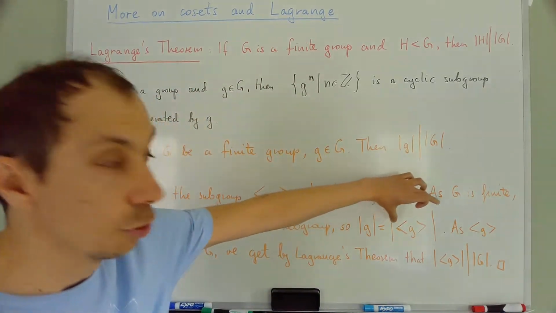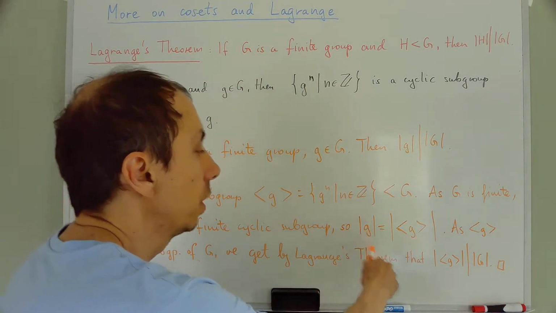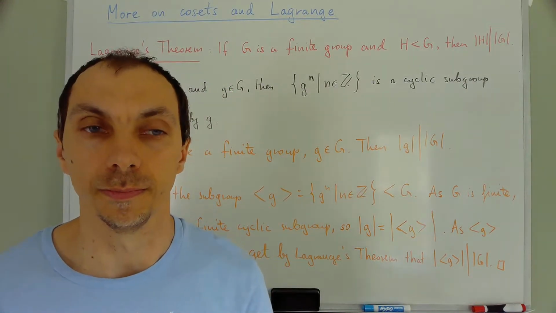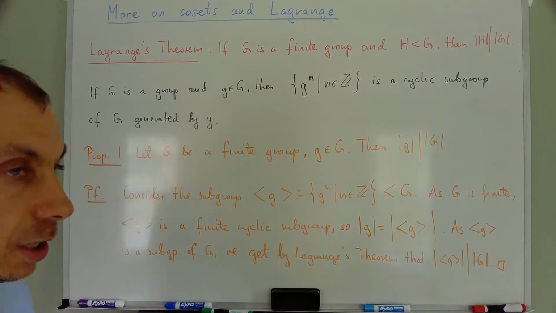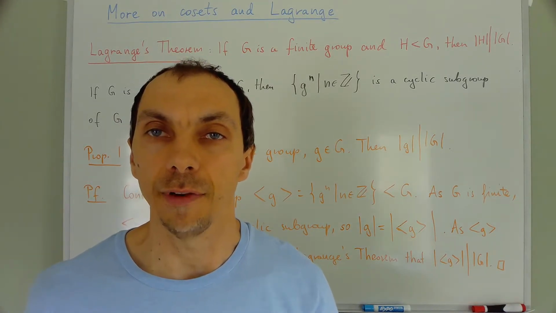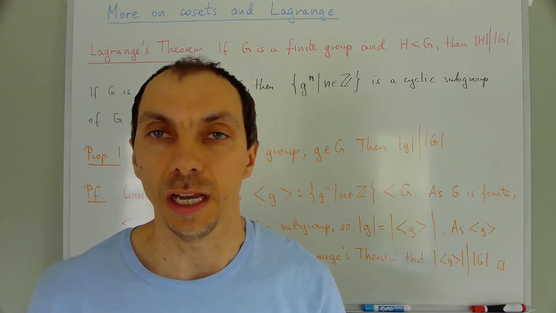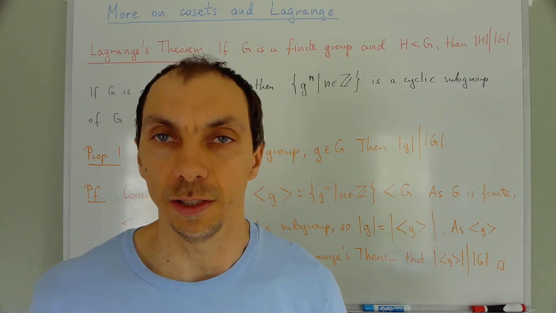So we are done, because the order of the subgroup is equal to the order of the element g. We get also that the order of the element g divides the order of the group. Okay, so that's one consequence of Lagrange's theorem, that if I have a group of order 50, then the orders of the elements can only be the divisors of 50.